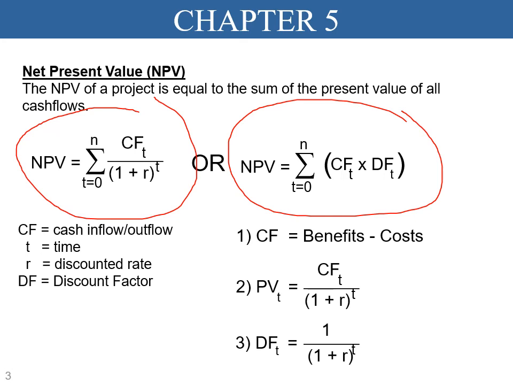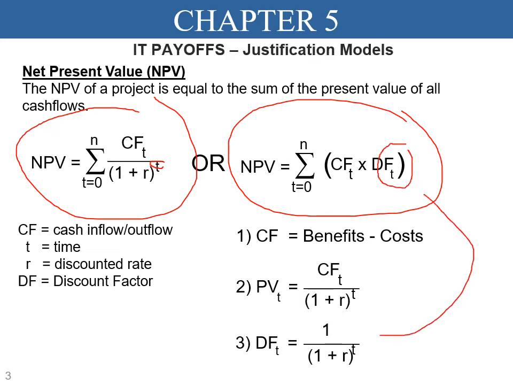NPV is the total sum of cash flow over 1 plus r to the power of t for a certain period. These calculations are actually the same. It's just that the DF here is referring to this.